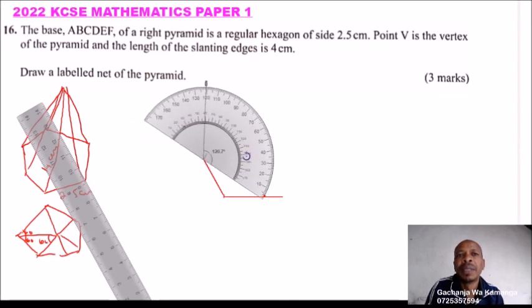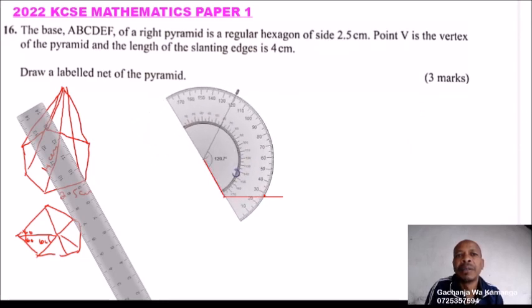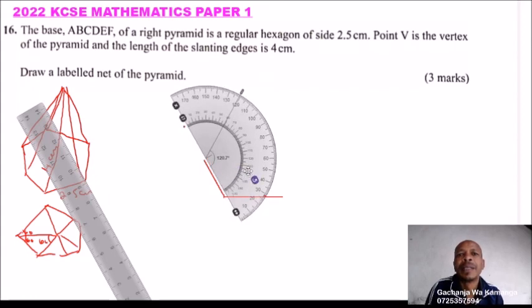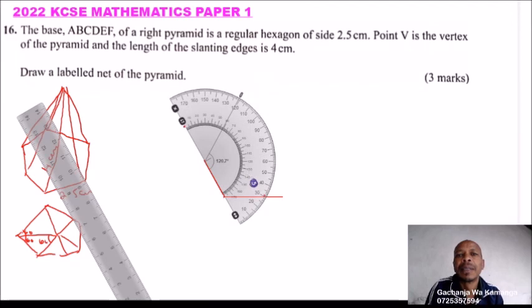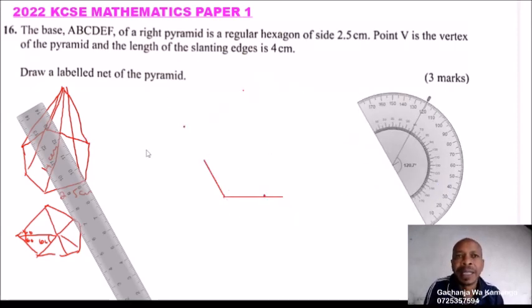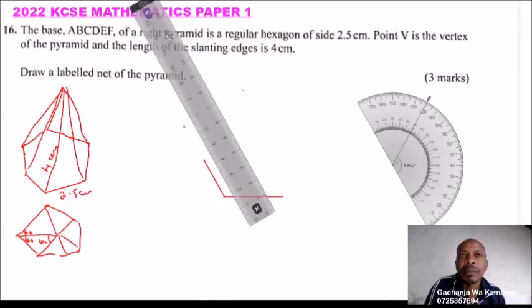So this is where we have an angle of 120. So we can say that's where we have an angle of 120. Again, we draw another line there. We can make this one smaller.